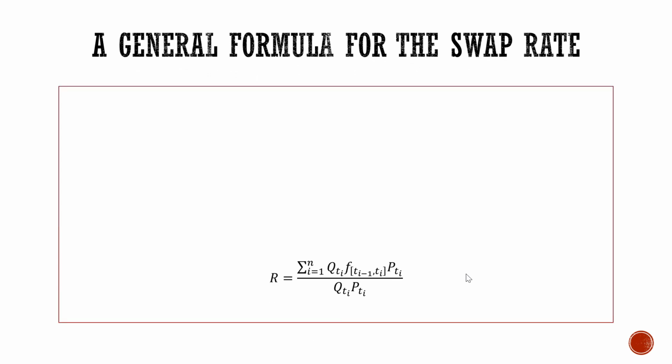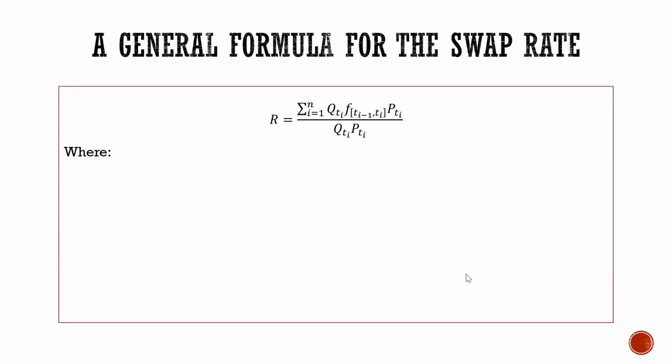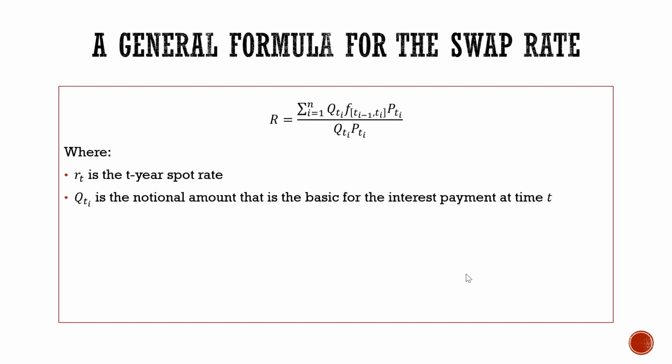A general formula for the swap rate is R is equal to the summation of Q_ti F_{t_{i-1},t_i} P_ti over the summation of Q_ti P_ti, where R_T is the 2-year spot rate, Q_ti is the notional amount, that is the basis for interest payment at time t_i.